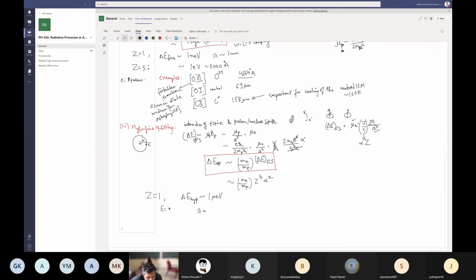We know that E equals pc, which is equal to hc by lambda. So lambda equals hc by E. If we plug in the numbers, we get lambda for this is about 100 centimeters, right? And we know that lambda of H1, this famous hyperfine line, is 21 centimeters. Okay, so this is just a way to get these scalings.